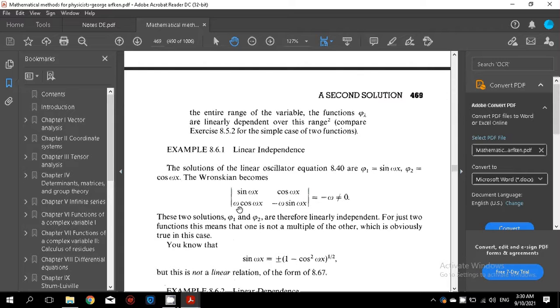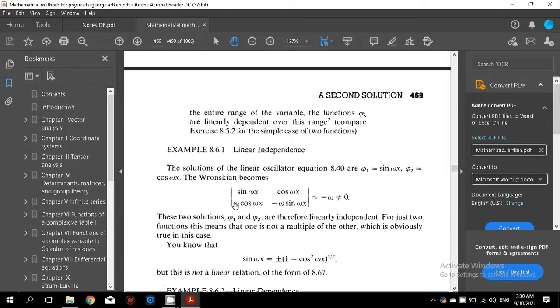Listen carefully: if this determinant is equal to 0, it means these two solutions y1 and y2 are linearly dependent and we do not need this y2. So we need a y2 so that this determinant is not equal to 0, as is the case here. If this determinant is not equal to 0, then the solutions will be acceptable. This determinant is known as the Wronskian.